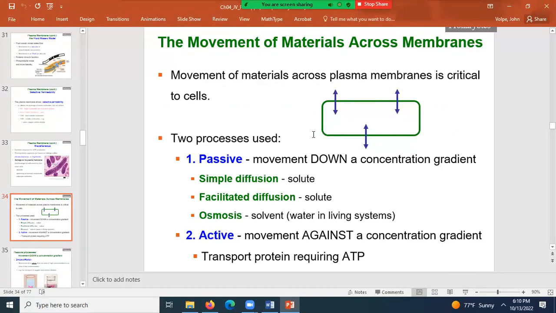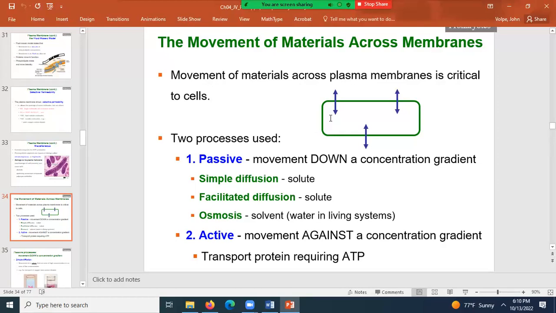There are two processes that allow molecules to move across a membrane. There's a passive process where the molecule moves down the concentration gradient, from areas of high concentration to areas of low concentration.